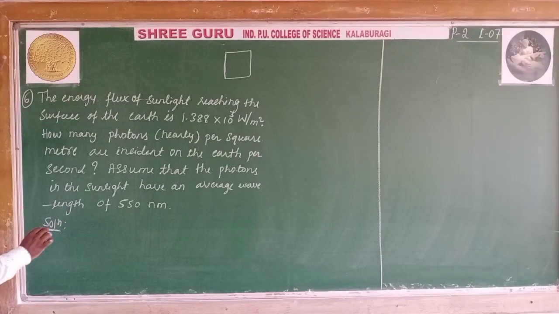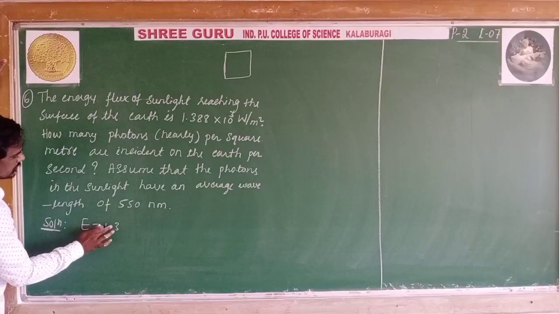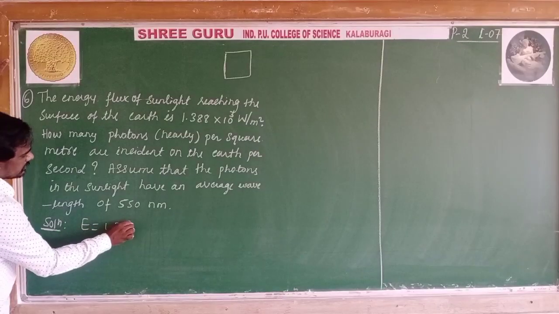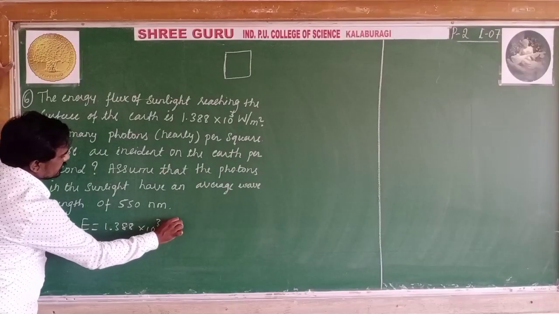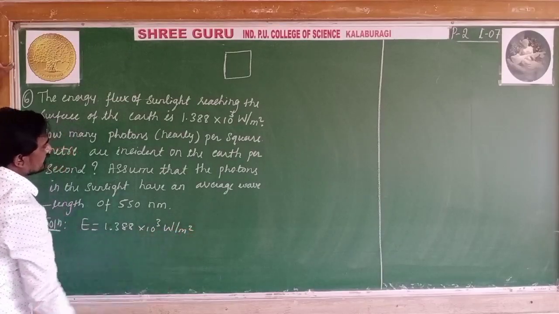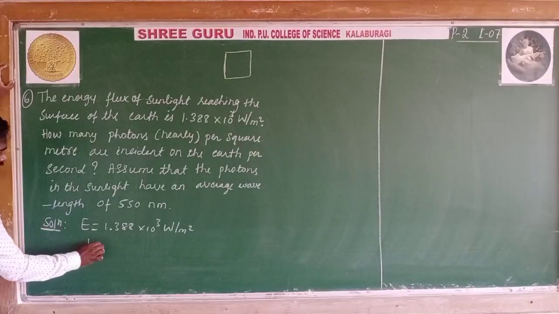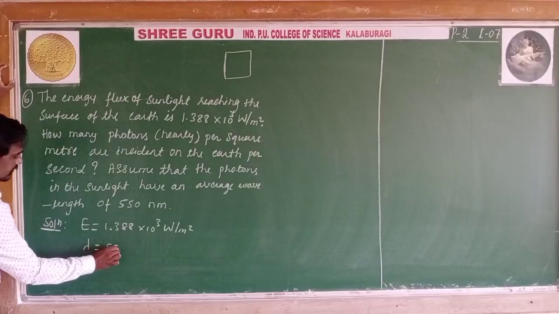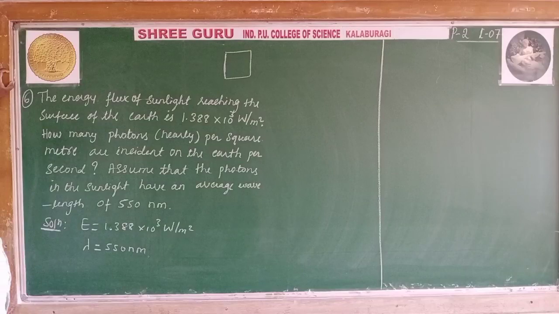The energy flux, which is equal to 1.388 into 10 to the power 3 watt per meter square. And one more is the average wavelength lambda, which is equal to how much? That is 550 nanometer.